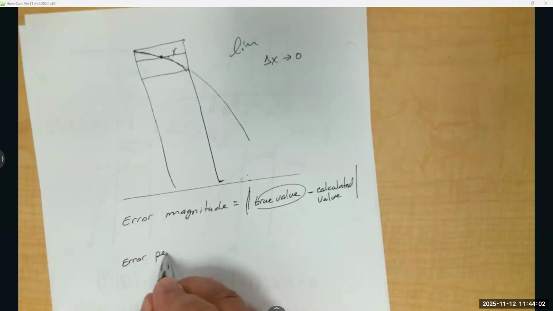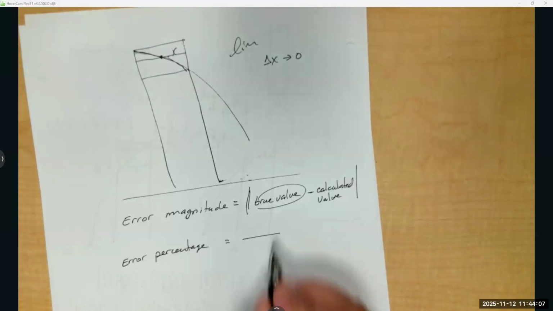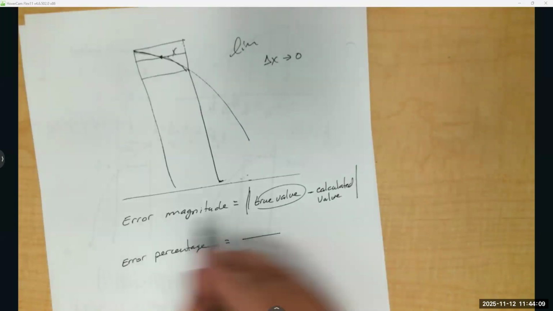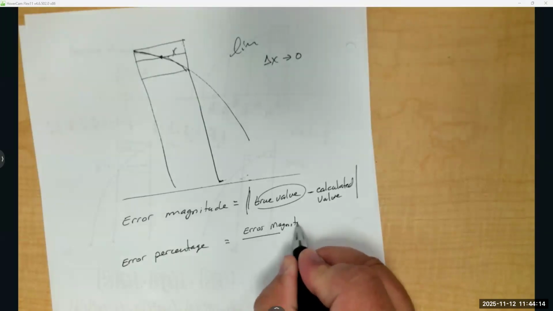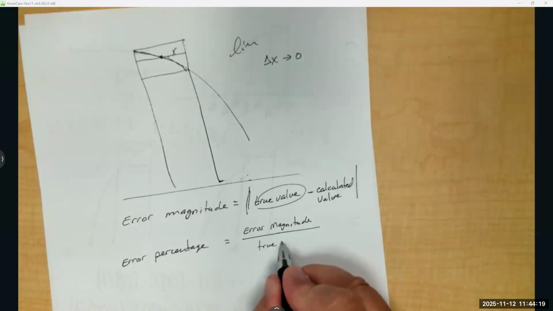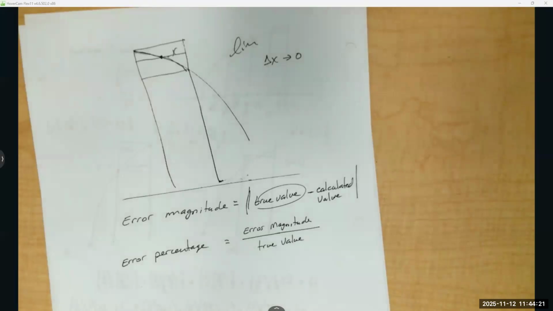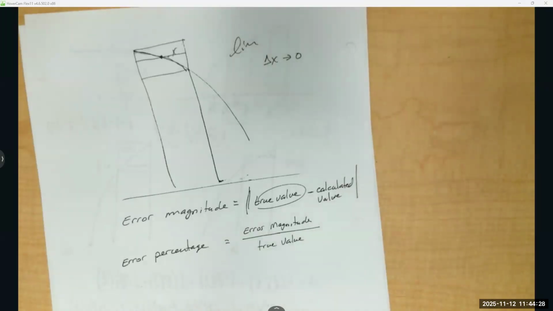The error percentage is the error magnitude divided by the true value. So if you're given the actual true value of the area or whatever you're looking for, you can calculate the errors, how far you're off from using your method.